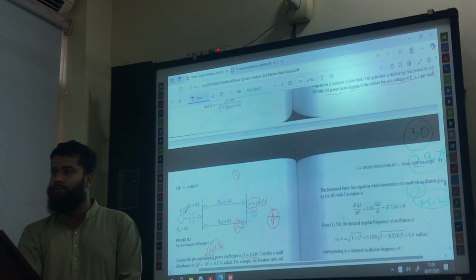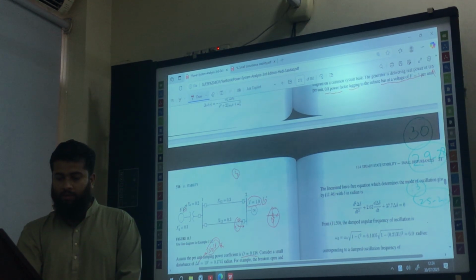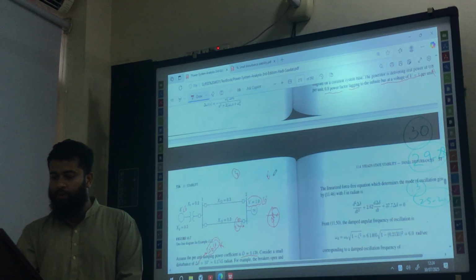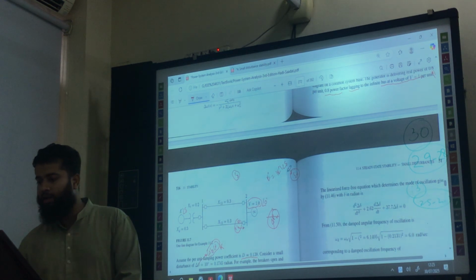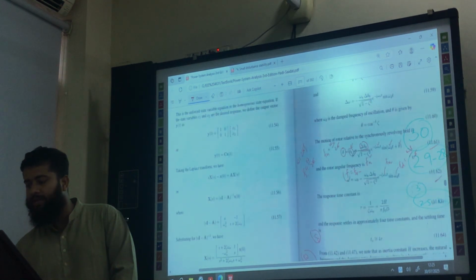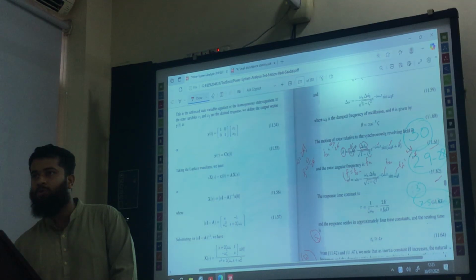Can you recall? So that means if we find the value of E dash, then we just need to convert it to the phasor form, right? Then it will be the magnitude as well as some angle. That angle will be the delta angle, and that will be your initial delta. So this way you can calculate this delta. Have you got the idea?